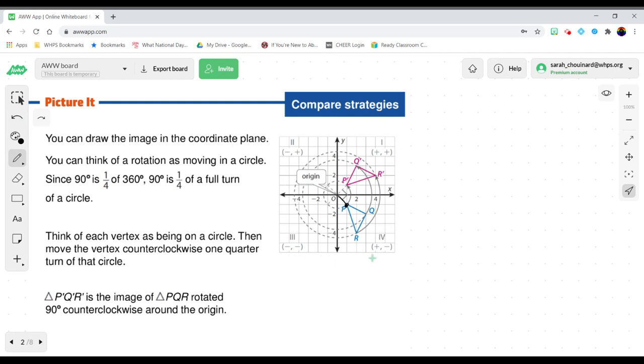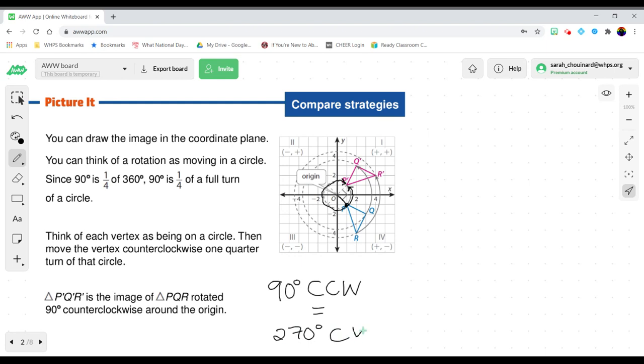One quick note that I would like you to write down is that if we go 90 degrees counterclockwise, which we are in this graph, so we're going 1/4 in this direction, that's actually the same as going 1, 2, 3/4 in the other direction, which would be 270 degrees.